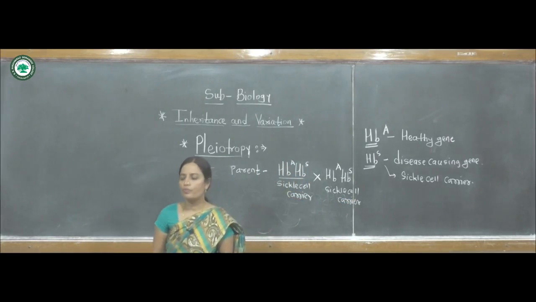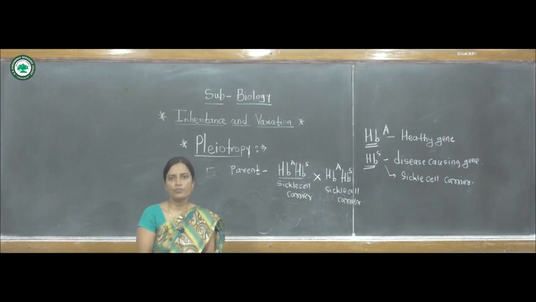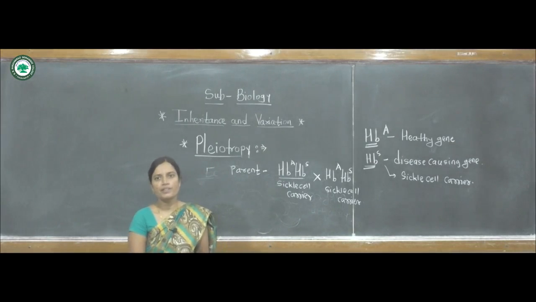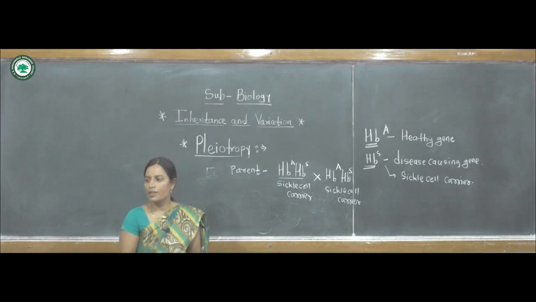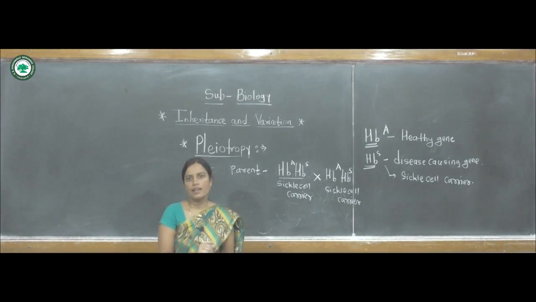In these two genes, HBA is the normal or healthy gene and HBS is the disease gene, which forms the anemia disease, sickle cell anemia.